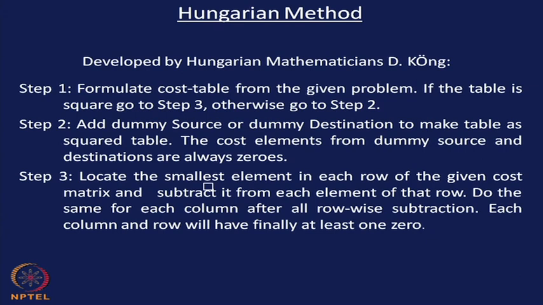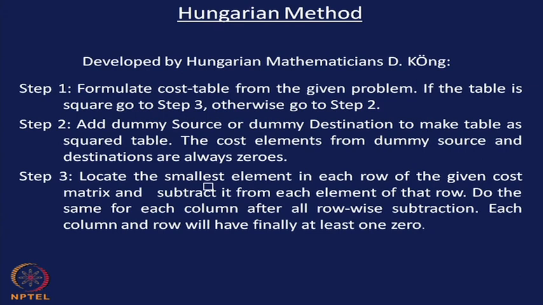Already you have done it. If the table is square, go to step 3, otherwise go to step 2. If it is not square, that means the number of rows and number of columns are not the same. Source and destination are the same, but I have to assign one source to one destination only. So, in step 2 we add a dummy source or dummy destination to make the table a square table.